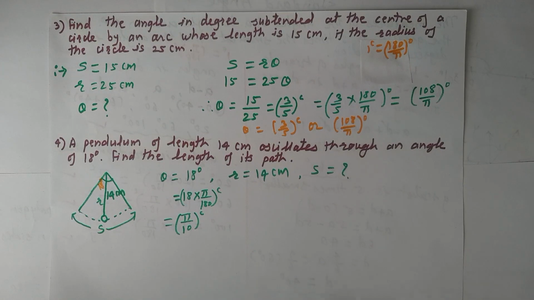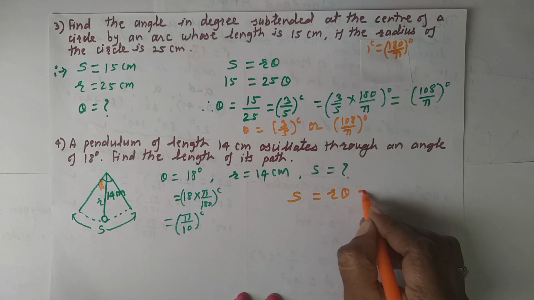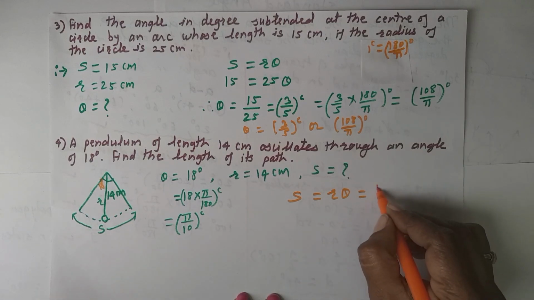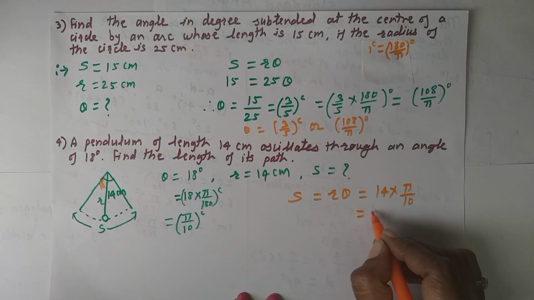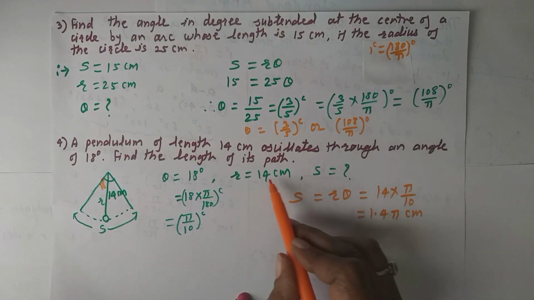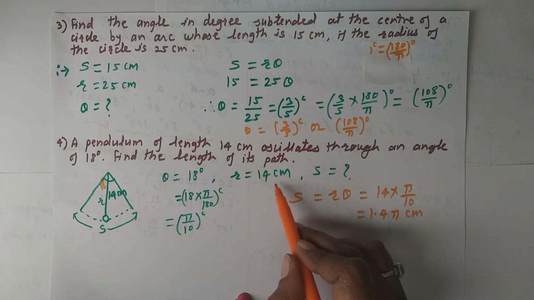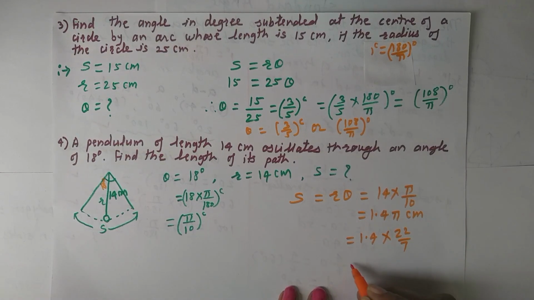Now what is the formula for arc length? That is S is equal to R theta. Keep the value of R, that is 14. Theta is pi by 10 and I will get 1.4 pi centimeter. As radius is in centimeter, you write down centimeter. If you want to keep the value of pi, then you can keep the value of pi and simplify this.